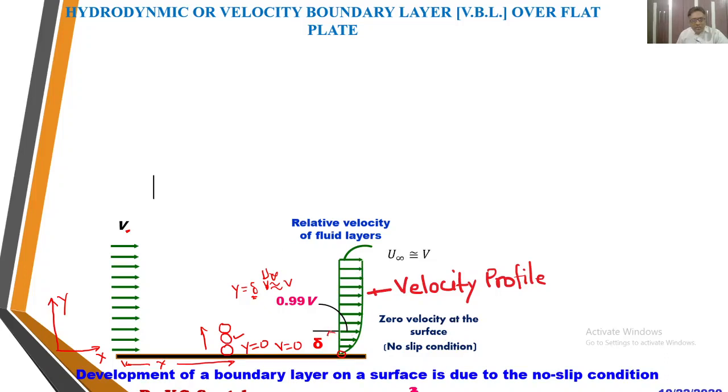So at this distance delta, normal to the plate in the y direction, where the velocity is 99% of the free stream approach velocity, this distance delta is called the velocity boundary layer or hydrodynamic boundary layer.